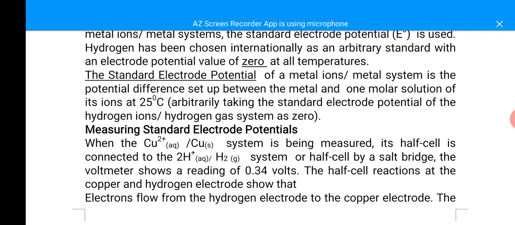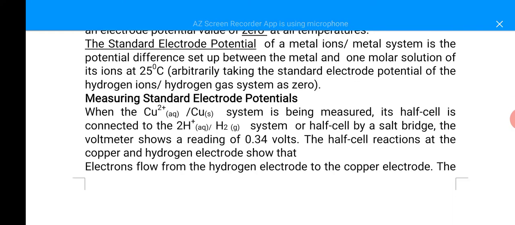How do we measure standard electric potential? When we want to measure the standard electric potential for any metal ion or metal atom system, we will take hydrogen as our standard. Taking for instance, if we want to measure the standard electric potential of the copper ion and copper atom system, its half cell is connected to the hydrogen ion and hydrogen gas system by a salt bridge.